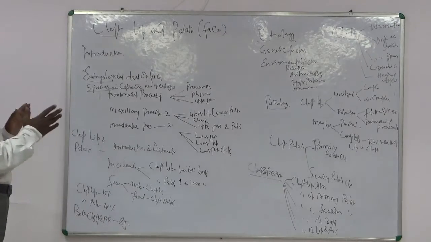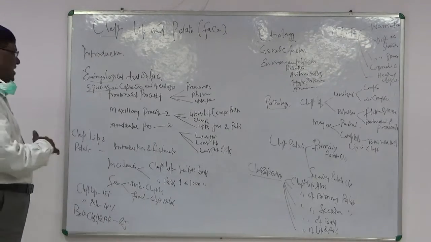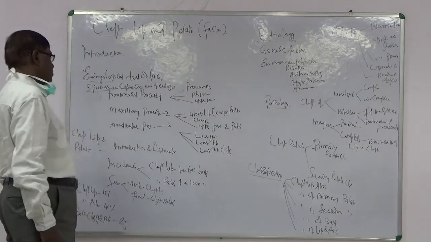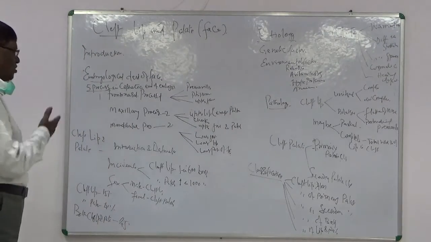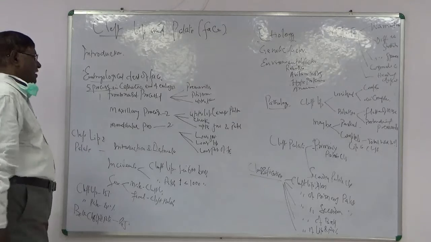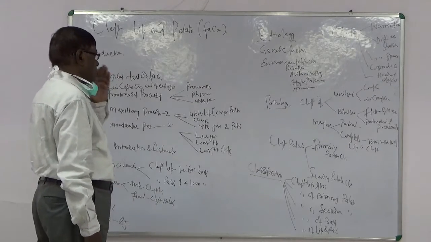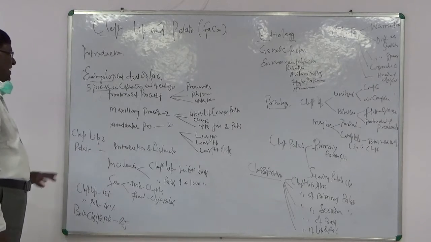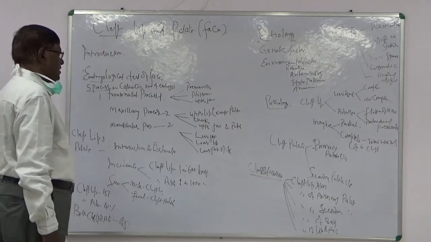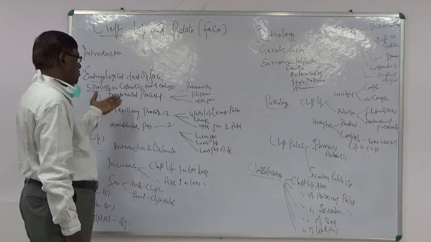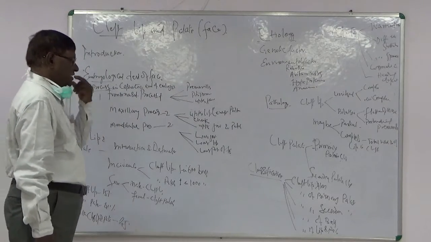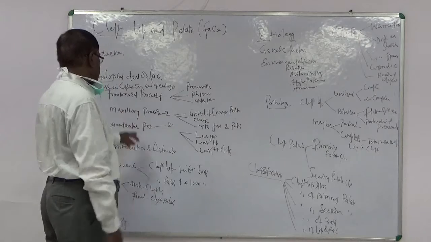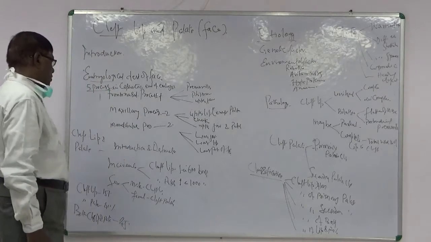This nasal pit is divided into 2 parts, the lateral and medial. The medial part forms the septum of the nose, while the lateral division forms the lateral part of the nose and the floor of the nose. So the septum and side wall of the nose, the philtrum, and the upper jaw develop from the frontonasal process.